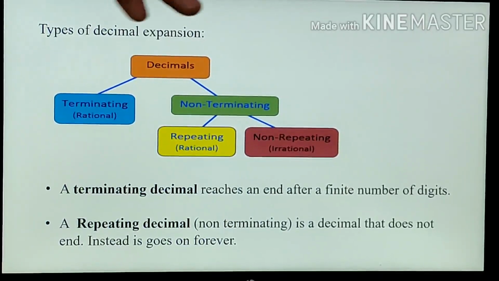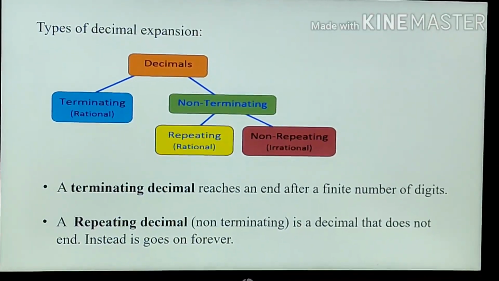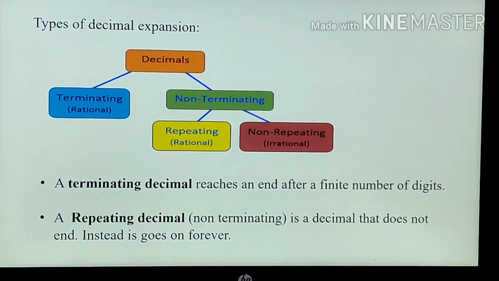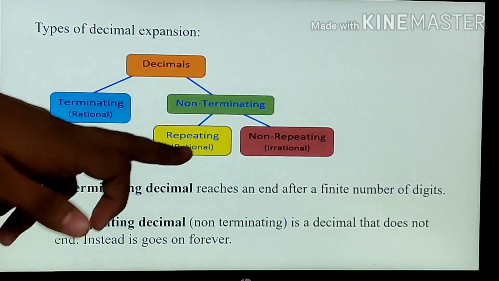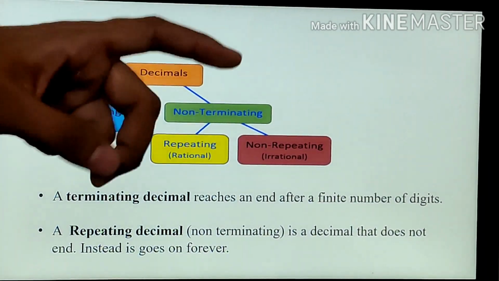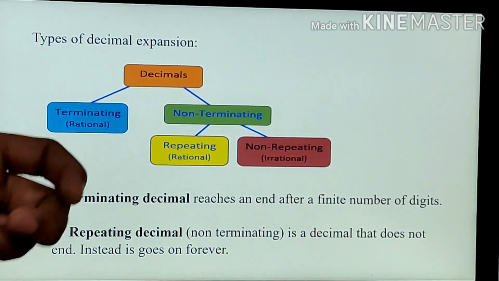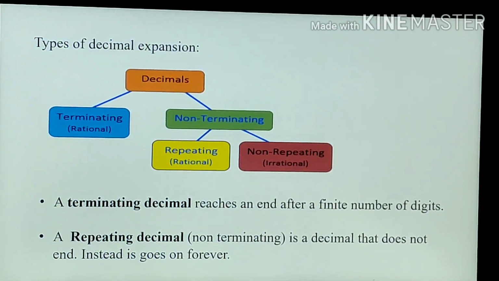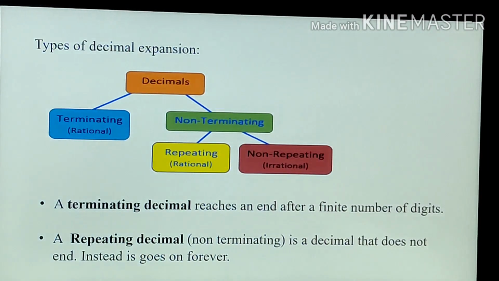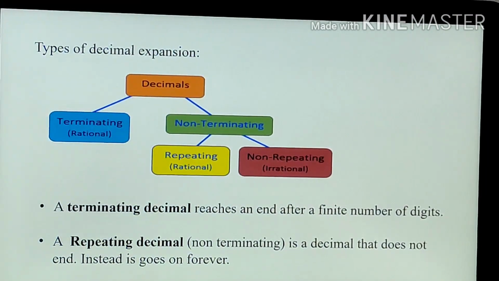So 1.33333333, 2.5555, these kinds of numbers are non-terminating. In non-terminating repeating, suppose we divide 1 by 3, the answer will be 0.333333. So it is repeating; the digit 3 keeps on repeating.